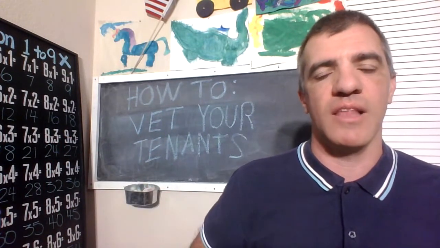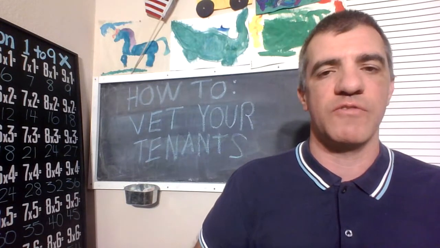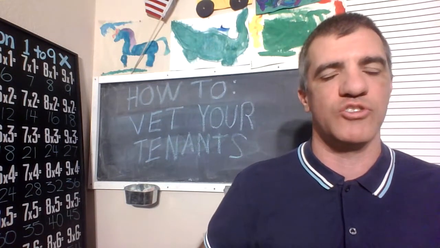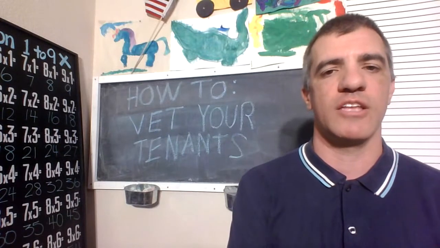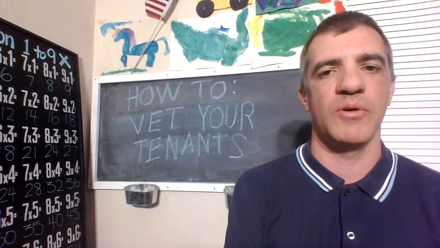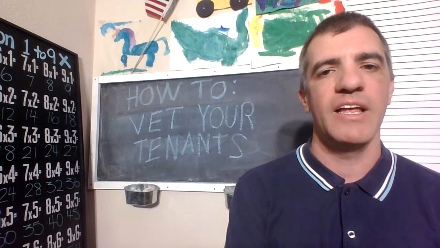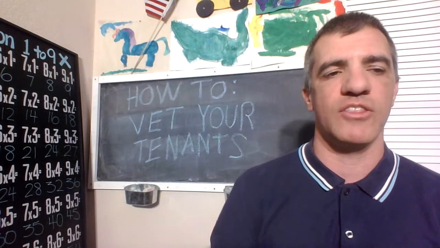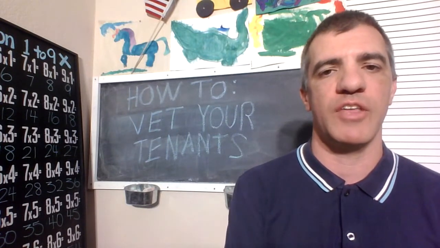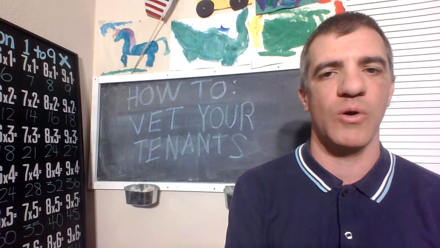So give them a deadline to get their stuff to you, because some people will just drag this out, and you need to let them know that you have other people that are interested in the property and that you need to get their stuff, especially if they are applying with a co-applicant.